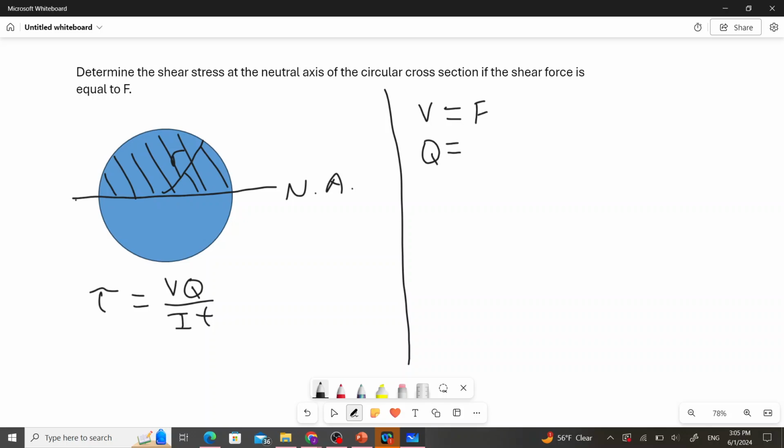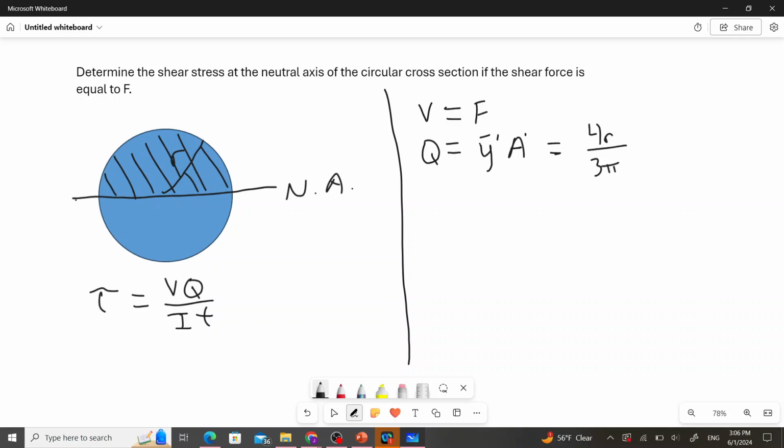So Q is going to be, and we're going to do this geometrically once again, the location of the centroid of the shaded area multiplied by the area of that shaded area. We won't derive what the centroid of that shaded area is. This is one you can just look up, and the centroid of the shaded area is 4r over 3 pi.